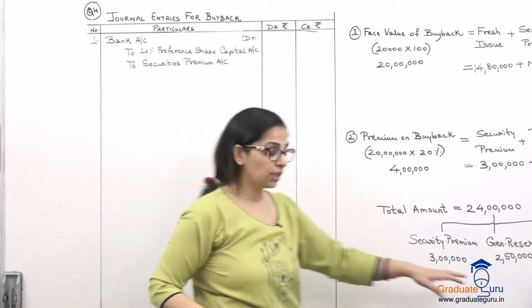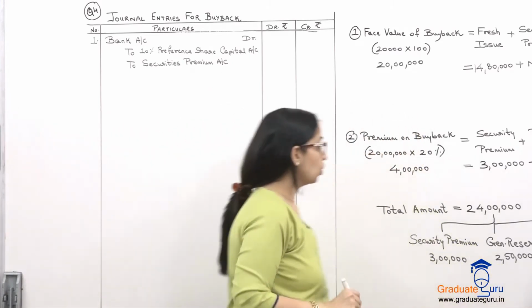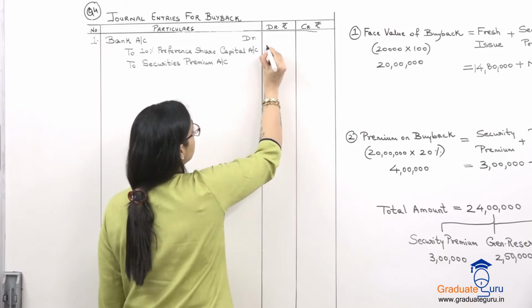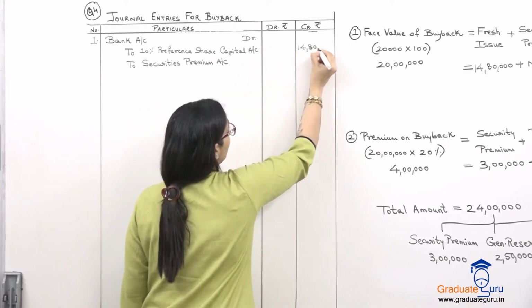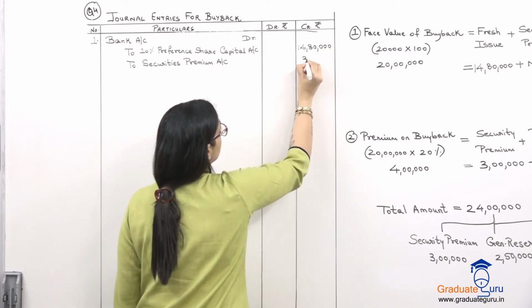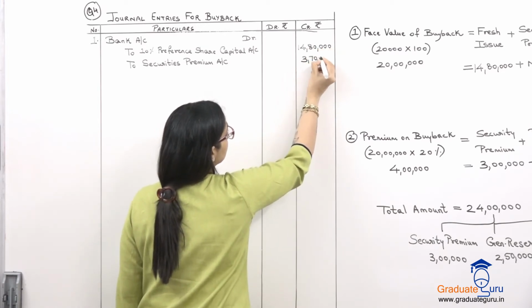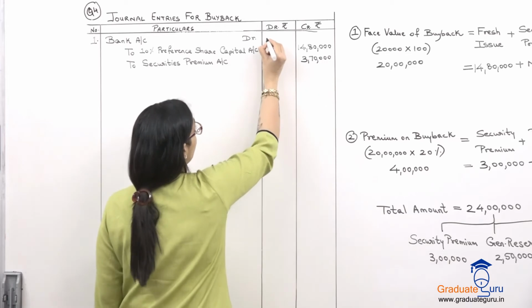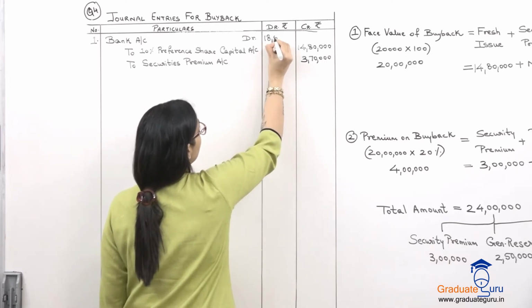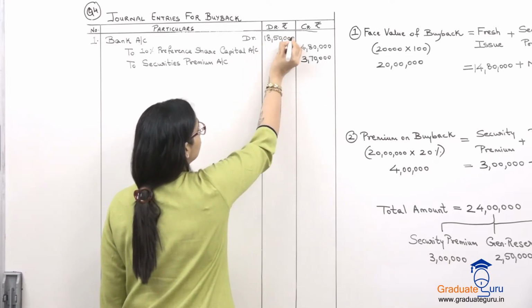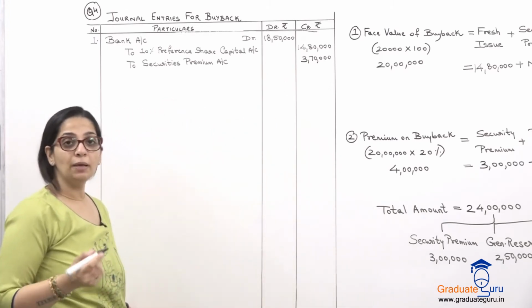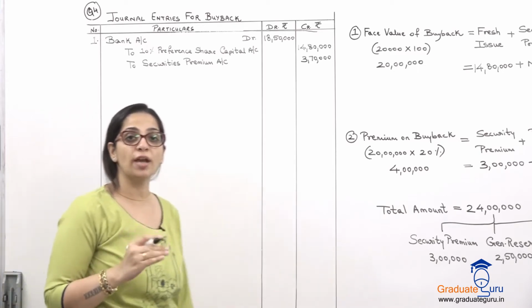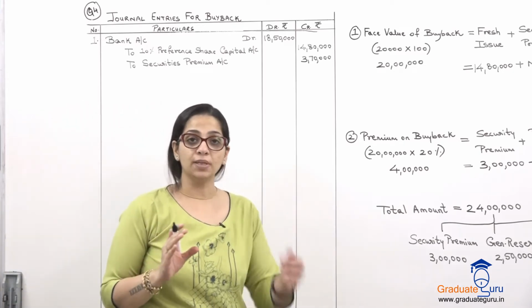Amounts from this working that we did, so 14 lakh, sorry, it will be on the credit side, 14 lakh 80,000, 3 lakh 70,000, total is 18 lakh 50,000. If you want to write your narration, it will be being fresh preference shares issued for the purpose of buyback.